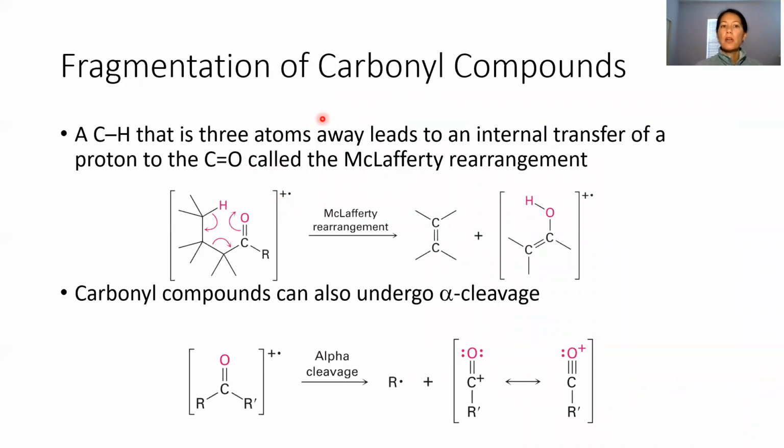Carbonyl compounds have specific fragmentation, and one of them involves a rearrangement, the McLafferty rearrangement. So basically, you can have a carbonyl compound, and if you have enough carbons along a chain to have a hydrogen here, you can undergo a rearrangement where the O forms a bond with this H, and you form an alkene here, and this fragments to give you this alkene fragmentation product and this enol.